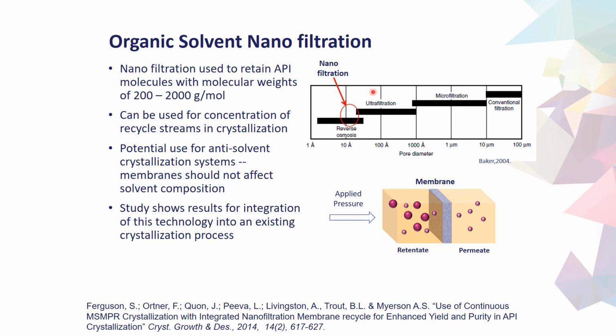So very briefly, organic solvent nanofilters are solvent-compatible semi-permeable filters that are able to retain molecules that have a molecular weight on the order of small molecule pharmaceutical intermediates, ingredients, and products.